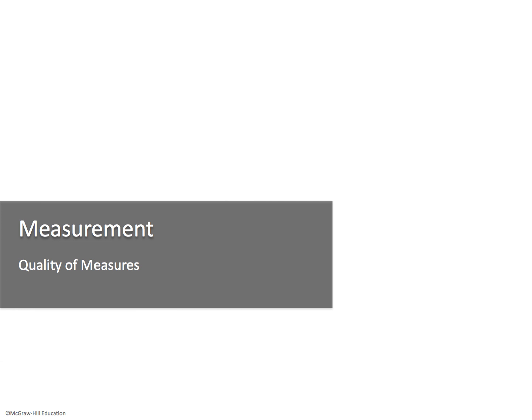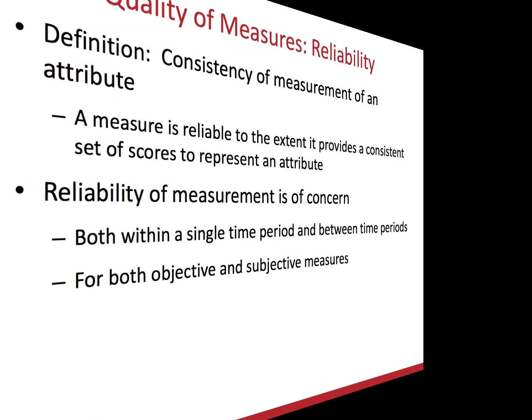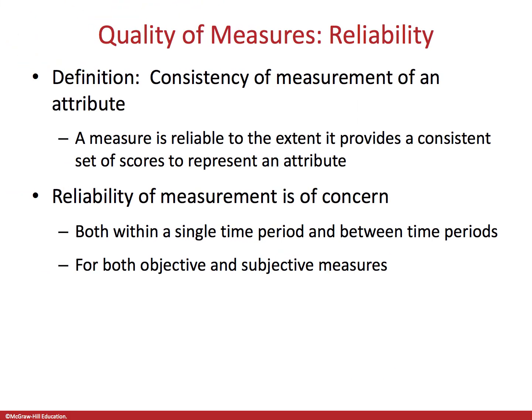We've talked about some key concepts, including significance of measures. Now let's turn to another critical aspect, quality. Logic says that if you're going to measure something, you want to trust the measurement to be accurate. Two ways of measuring accuracy are reliability, shown here, and validity, coming to your screen soon.